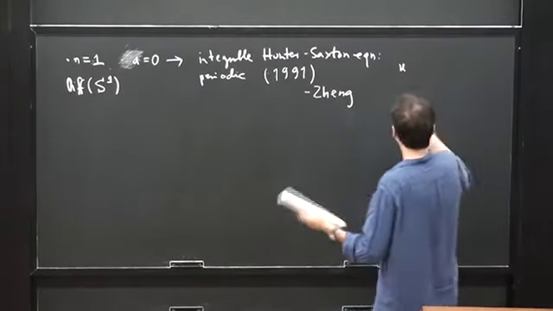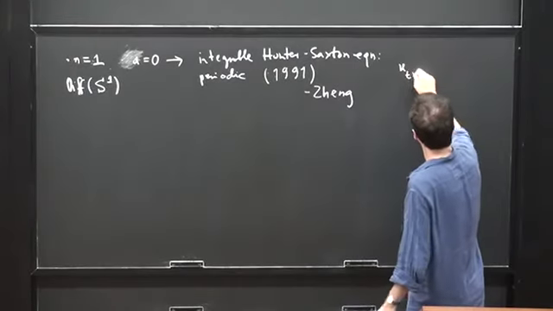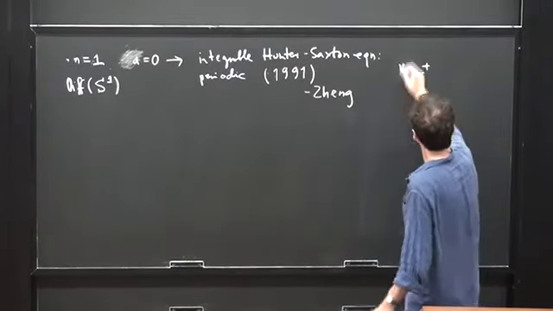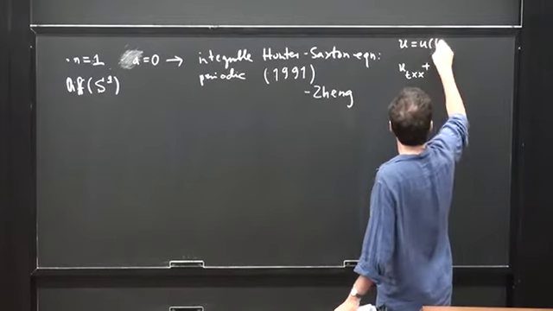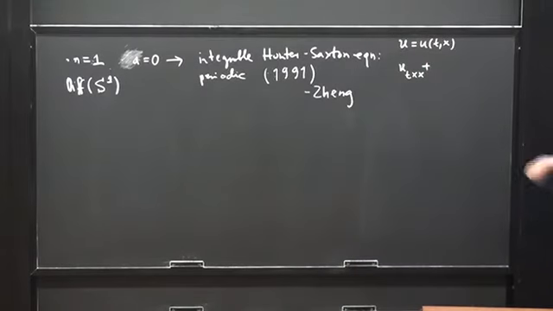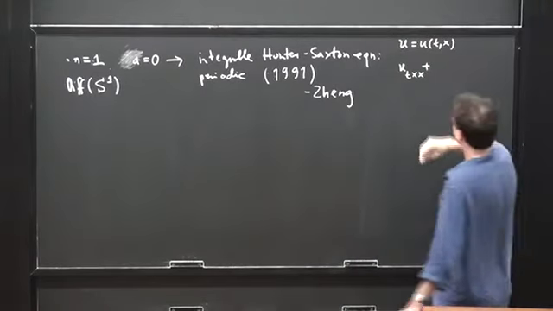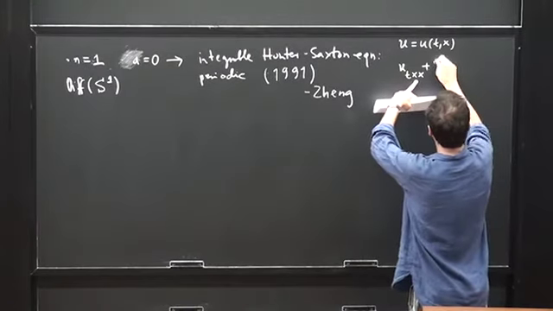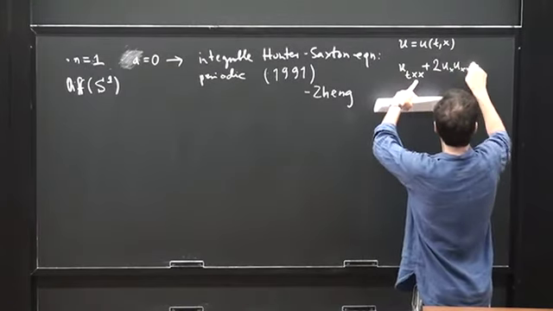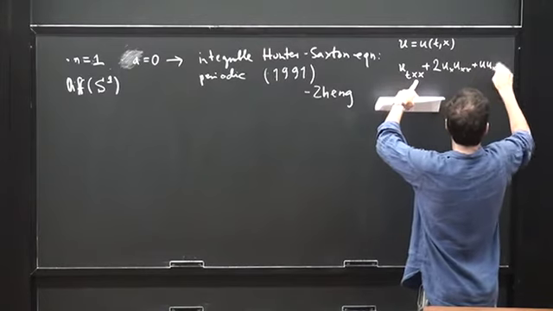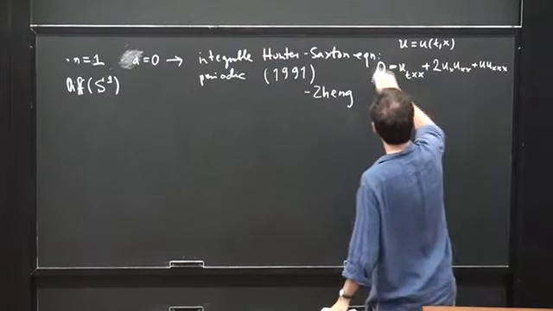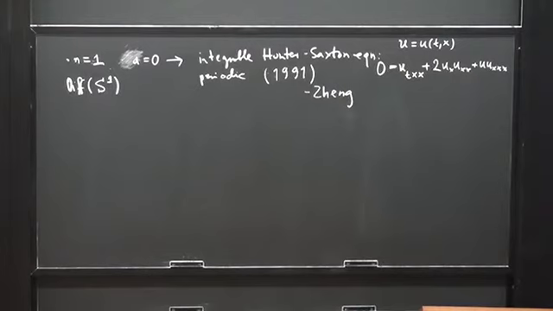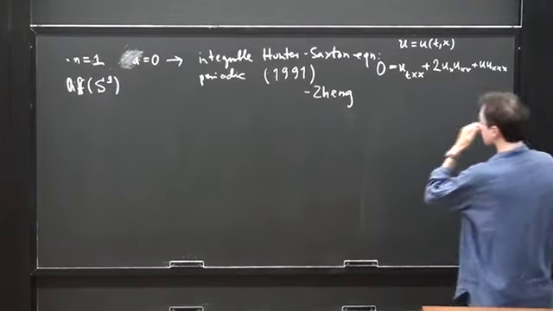One can view it as an evolution equation, but it's usually written in this form. So u here is a function of two variables, t and x, and the equation looks like this. It's a time derivative followed by an x derivative, plus 2 u_x u_xx plus u_xxx, and this is set equal to 0.